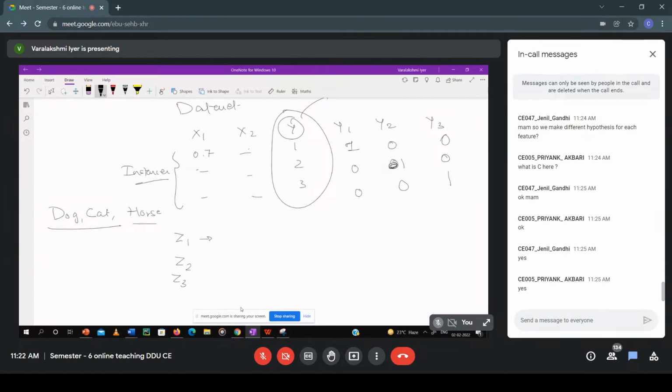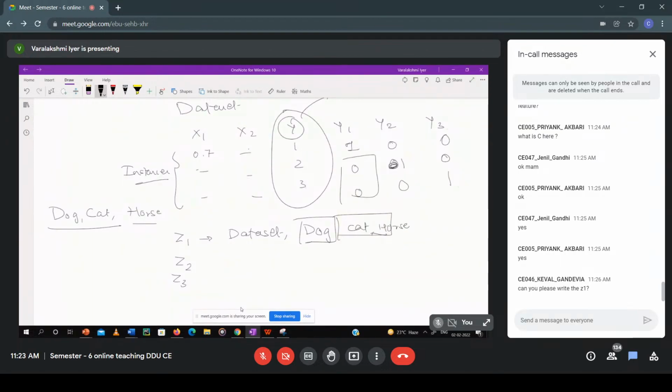So Z1 will be all those data where you are trying to classify into either dog or some other class. It is actually converting into binary classification.